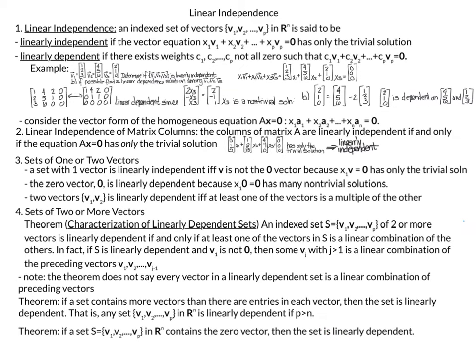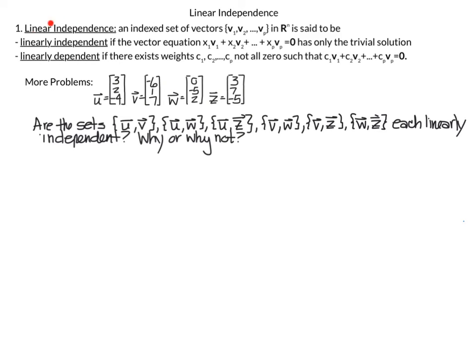I have another set of problems, and because we've covered all the material, I'm going to suggest that you try all the problems on your own before continuing in the video to see the solution. I will keep the definition of linearly independent and linearly dependent up here for your reference.